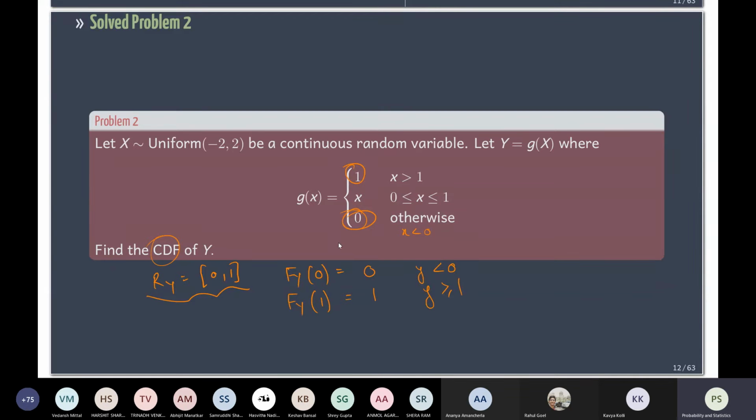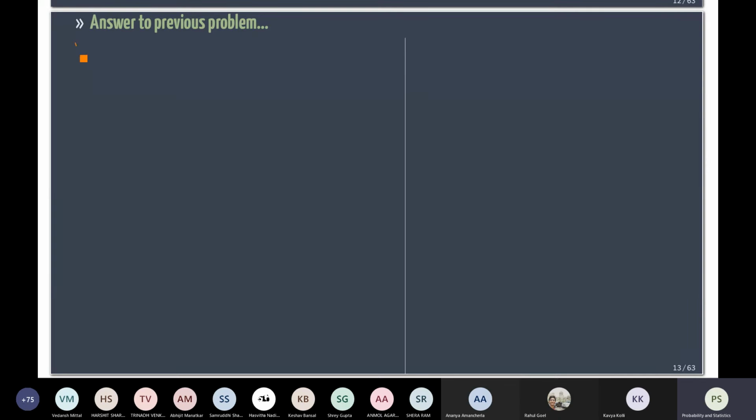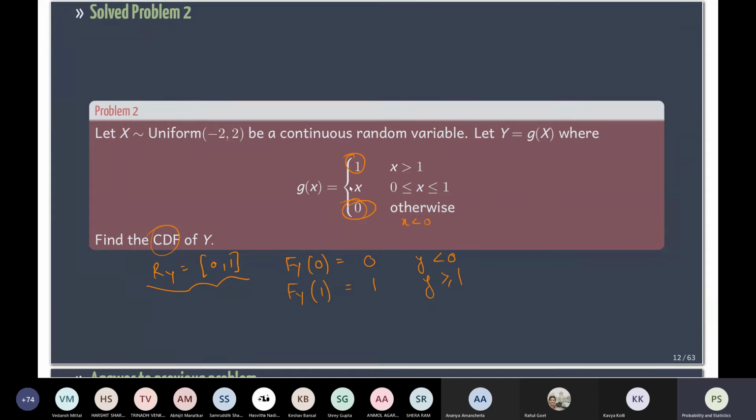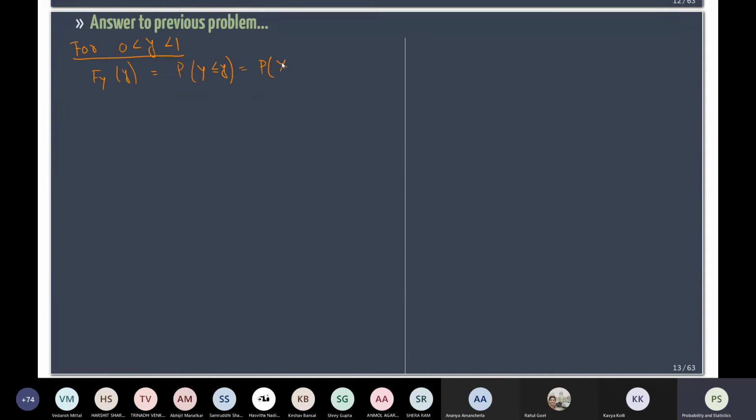So this case is done. Let us do the remaining part here, for 0 less than y less than 1. So F of y, by definition, is the probability that Y is less than or equal to y, which is equal to the probability that X is less than or equal to y. Here Y is equal to X in this domain, so I substitute X for Y, because Y is in 0 to 1.